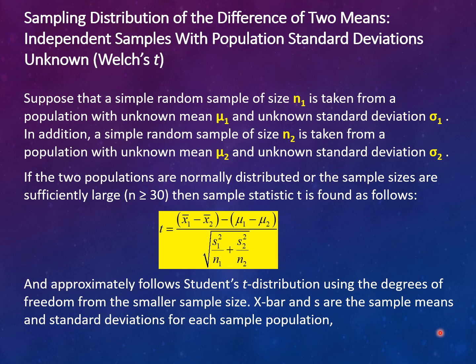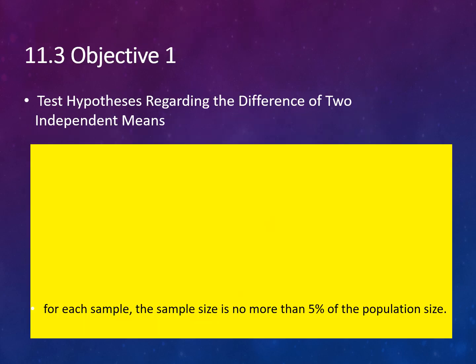And then x bar and s are simply the sample means and standard deviations for each of the samples. So x bar 1 is the mean for the first sample, and x bar 2 would be the sample mean for the second sample.